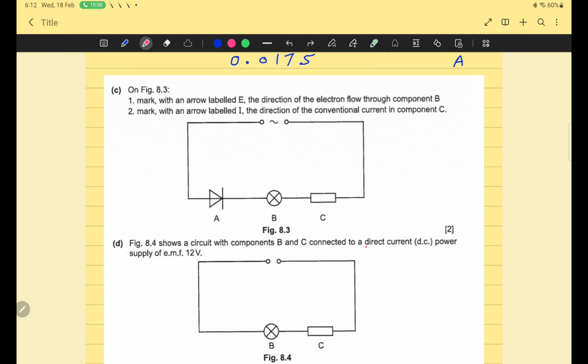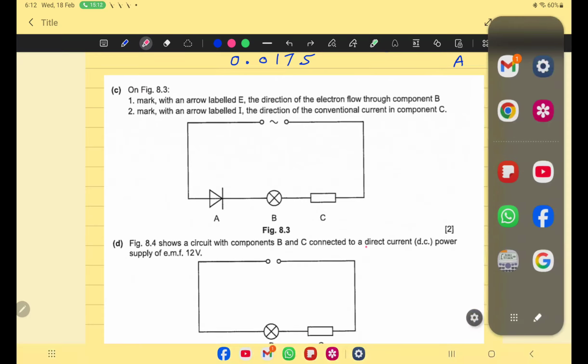Direction of electron flow through component B. Now I have understood. The concept is very difficult, which I am trying to explain.